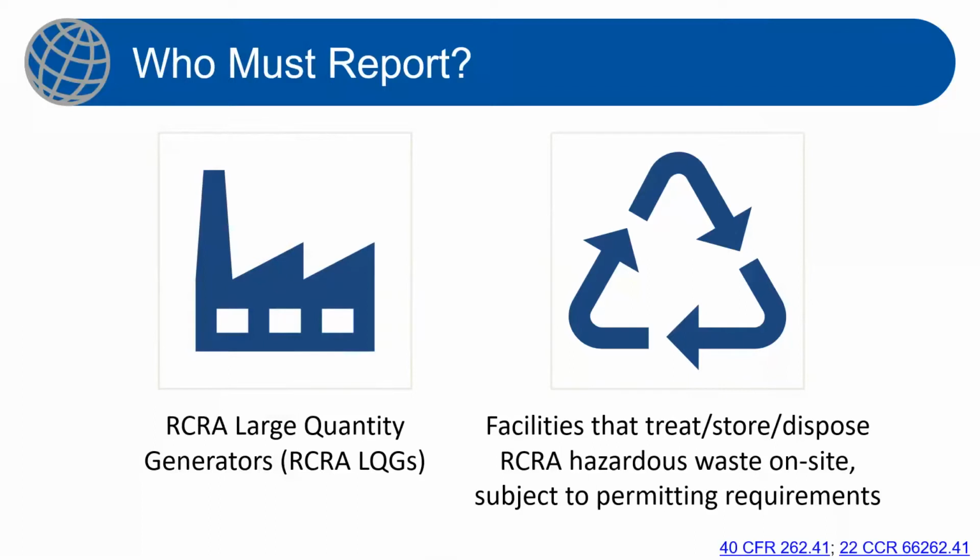Now, RCRA is the Resource Conservation and Recovery Act, and you'll see that also identified in your chat box there. So not every hazardous waste generator in the state of California is subject to biennial reporting, nor is every large quantity generator within California subject to biennial reporting. Specifically, the reporting is required of those generators that are RCRA large quantity generators.